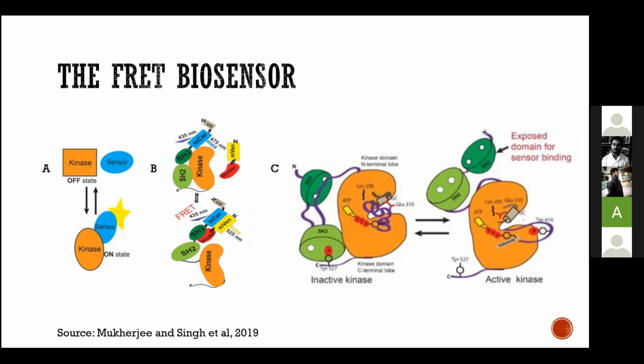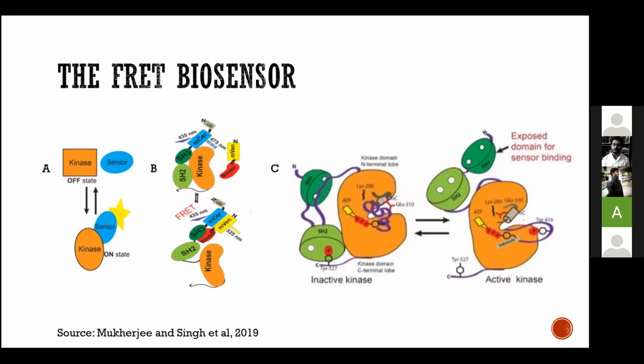And then you see there is this red binder, which goes and attaches to the SH3, and which brings mCerulean and mVenus close to one another. Our basic criterion for FRET to happen was that the fluorescent proteins should be 60 angstrom apart.